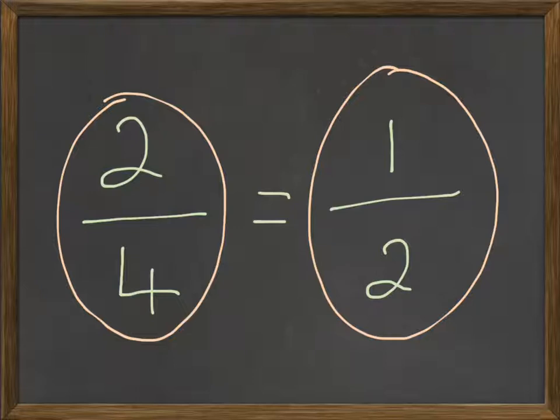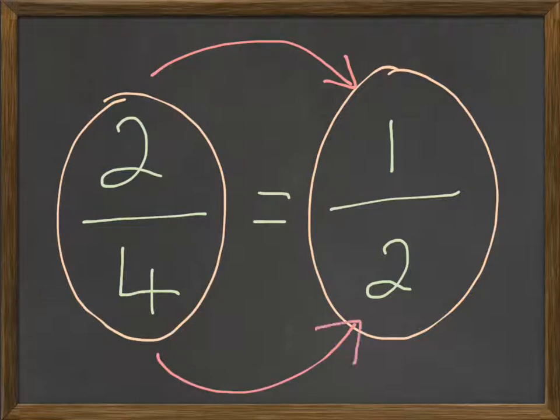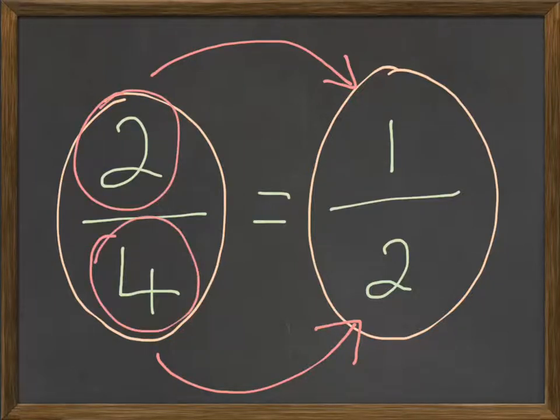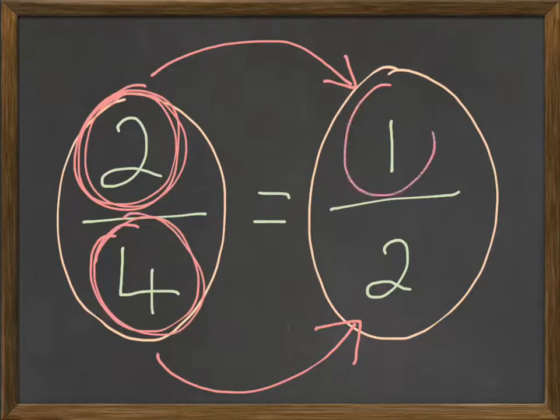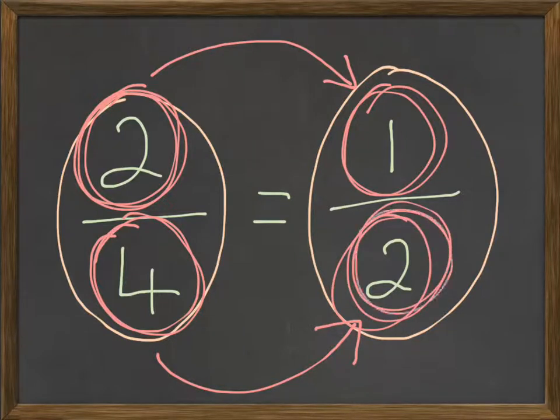I've done the same to the top and the bottom. I've halved the 2 to make it a 1, and I've halved the 4 and made it a 2. I've found a number that will go into both the top and the bottom. 2 goes into the top once and into the bottom twice. So I do exactly the same to the top and the bottom.